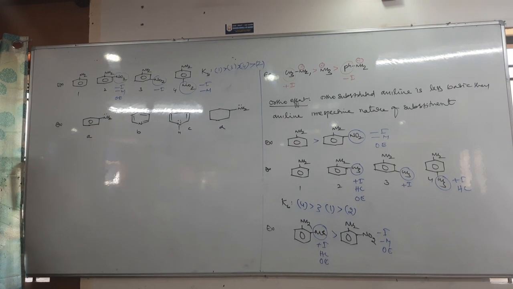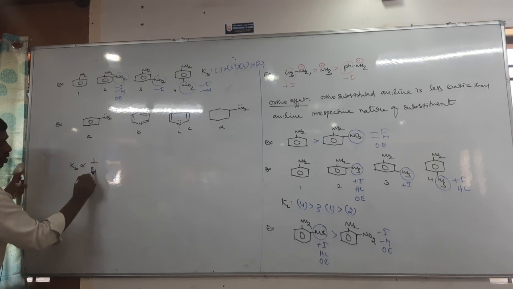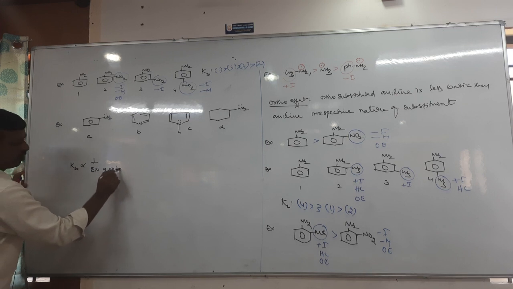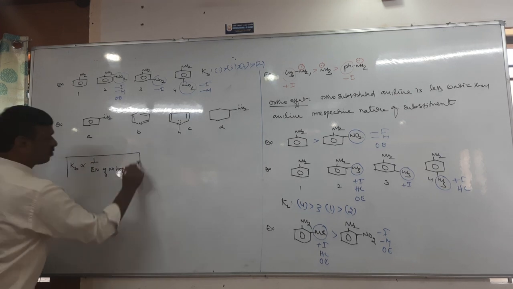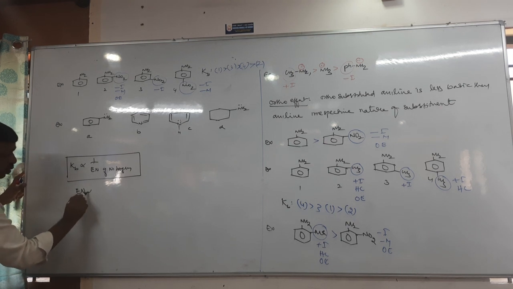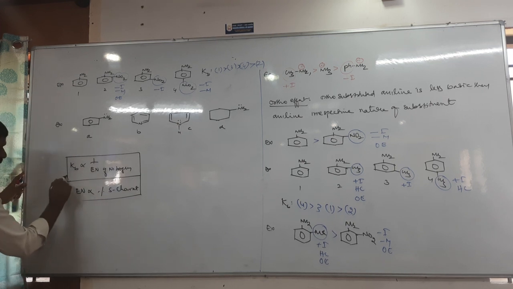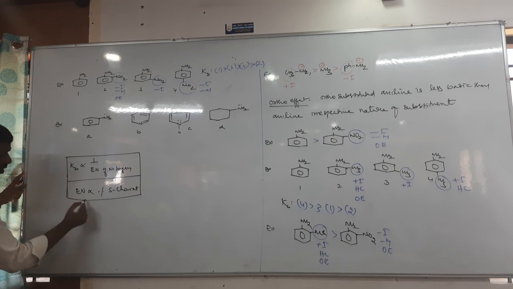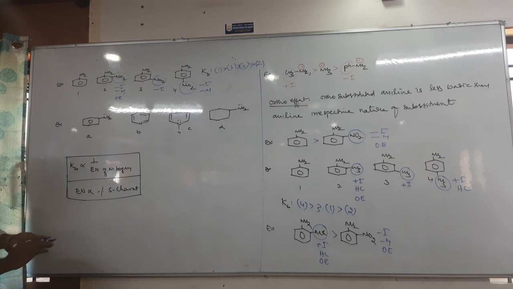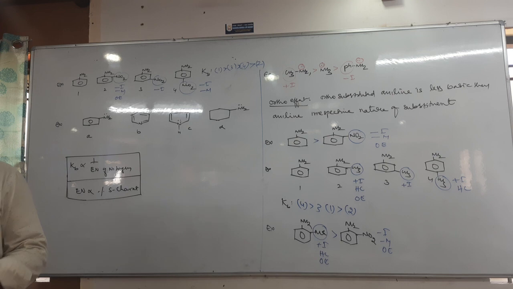Okay, so to answer this, first of all you need to remember that basic strength, that is Kb, is inversely proportional to the electronegativity of the nitrogen atom. This is already written, yes or no? And electronegativity is directly proportional to the percentage of s character, this is also written. So based on this information you can identify the basic strength. To identify the basic strength, first you need to identify whether the lone pair electrons are delocalized or localized.